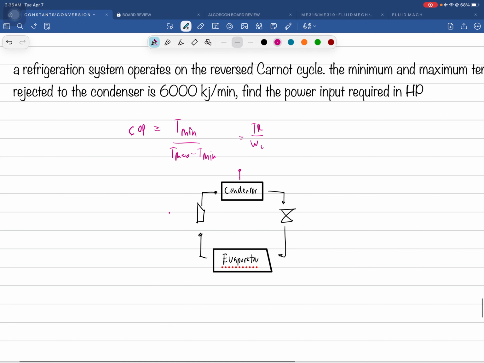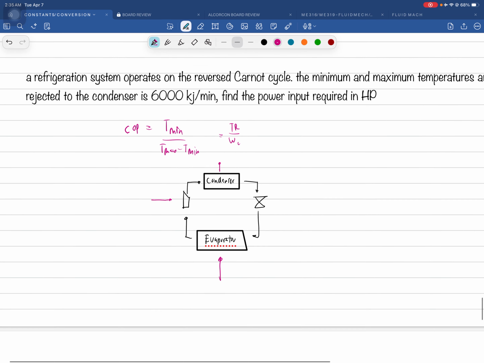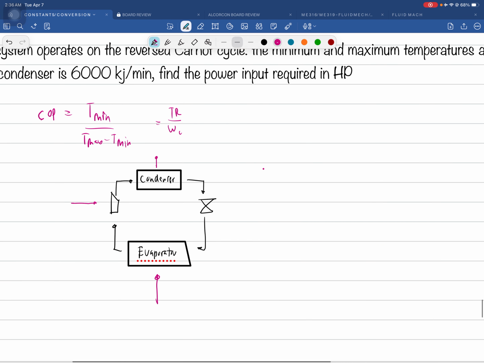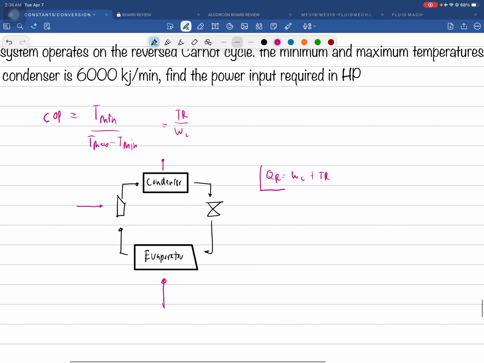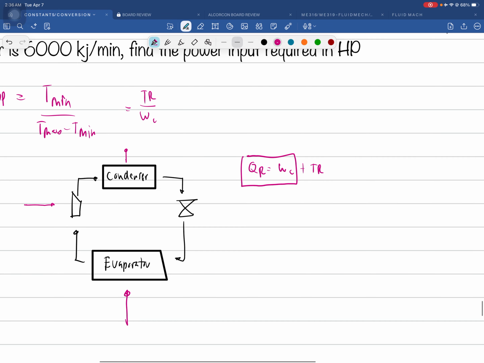Remember na you are putting in work and putting in energy sa evaporator.